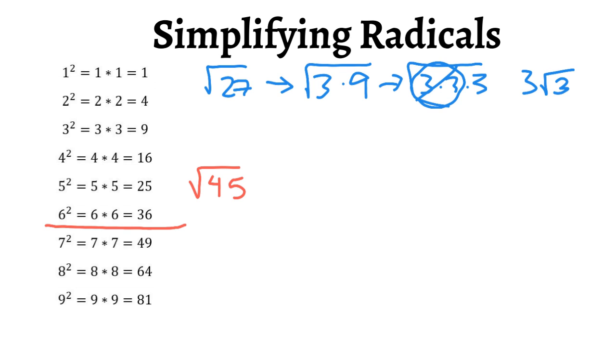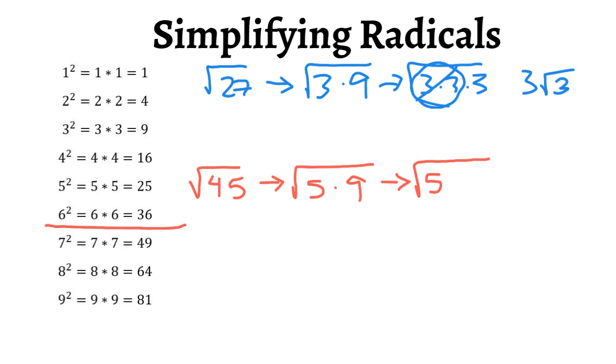So 45 is divisible by 5 because it ends in 5. So you can divide this by 5, and you can say I have 5 times 9. 5 times 9 is 45. The 9 can be broken down even further as 3 times 3.